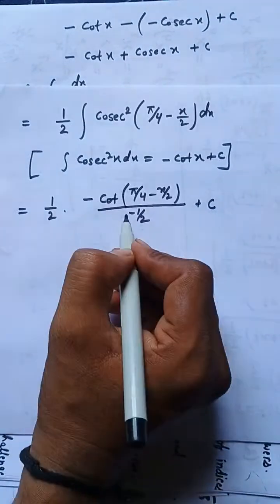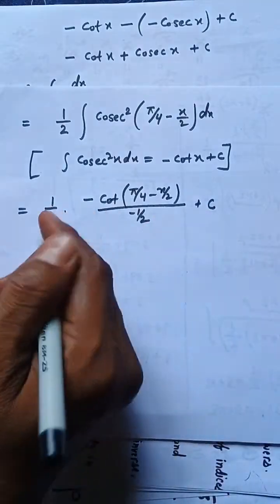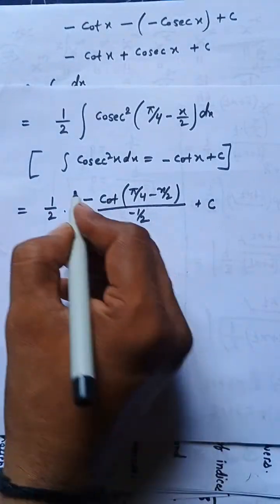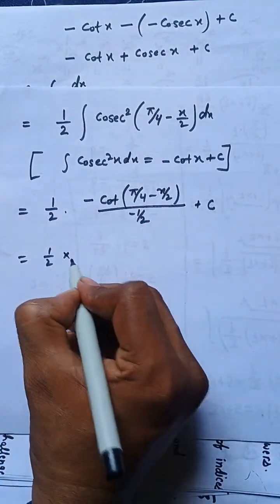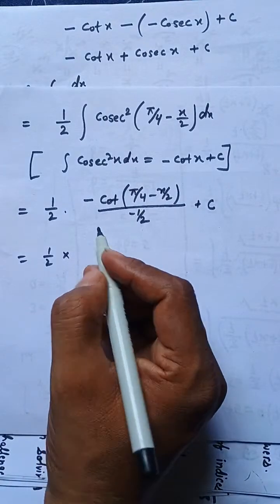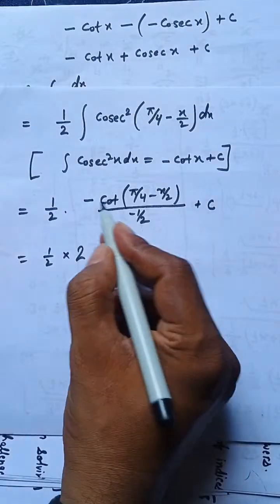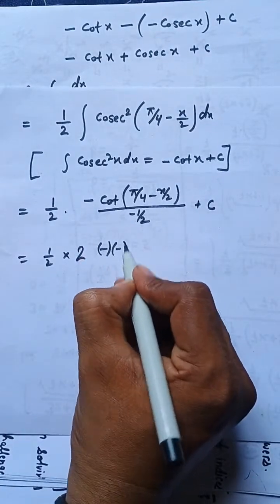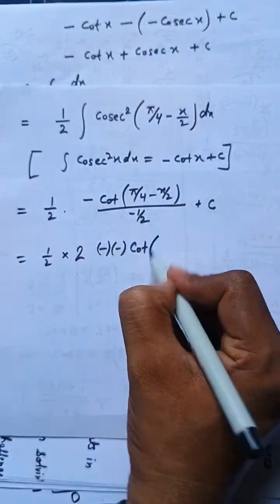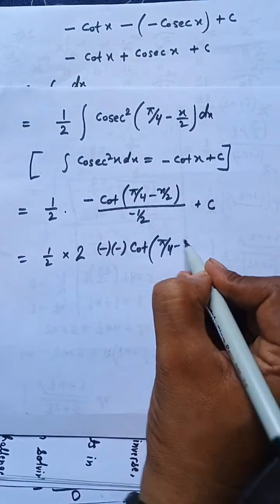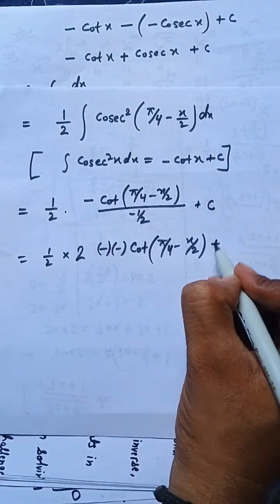So you will see that this negative is going to multiply over here, and this 1 by 2 is going to multiply with 2, so this 2 will go up, and negative positive, then cot pi upon 4 minus x by 2 plus c.